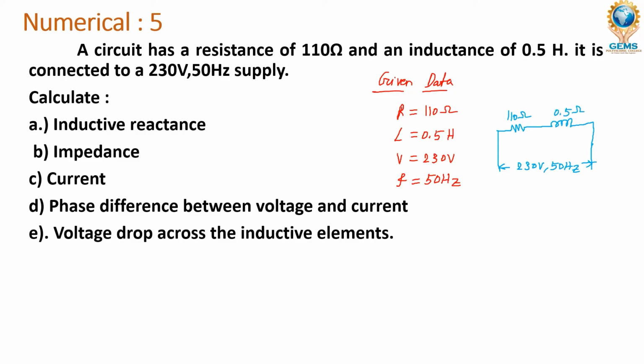Okay, he's asking us to calculate the inductive reactance. What is inductive reactance? That is XL. Next is impedance. He's asking us to calculate impedance, that is Z. Next one is current. Phase difference means power factor, that is cos phi.